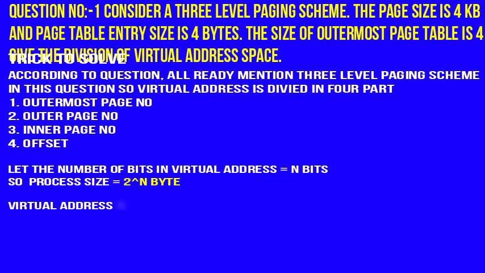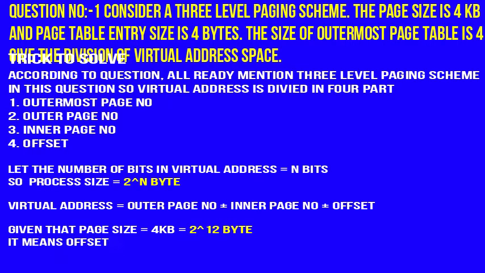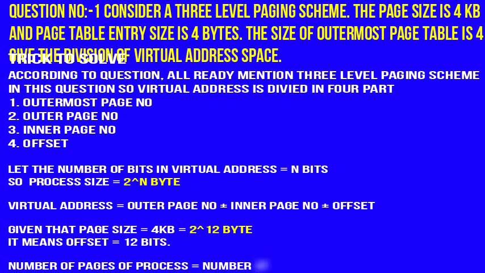So process size is equal to 2 to the power n byte. Virtual address equals outer page number plus inner page number plus offset, as in a two level paging scheme. According to the question, page size equals 4 kilobyte, which means 2 to the power 12 byte. It means offset equals 12 bit.